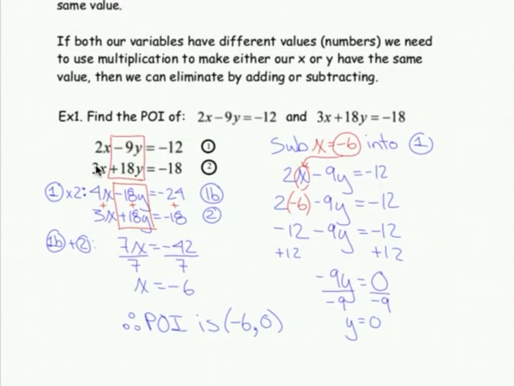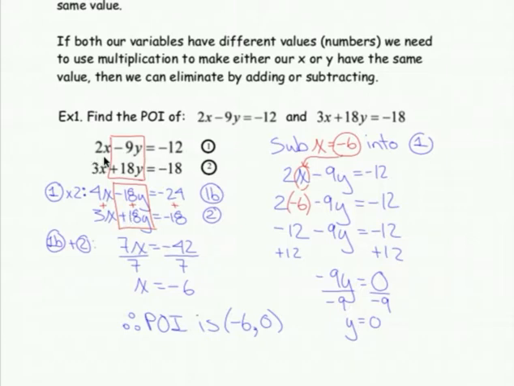So what we're going to do is times our first equation by 2. Because if we take a look at our 9y and our 18y, 9 can be multiplied by 2 to get 18, right? So if we multiply both sides of this top equation, this whole equation, by 2, we get a negative 18y, which allows us to now get rid of that variable.